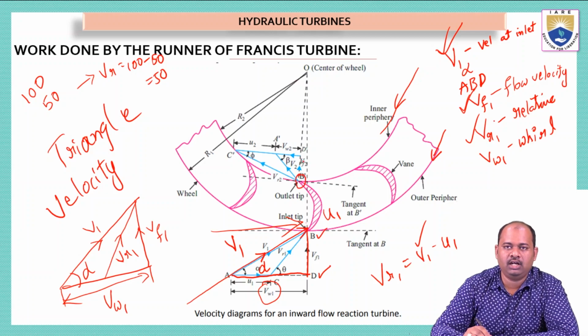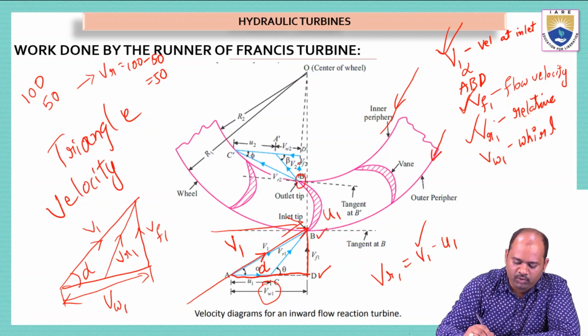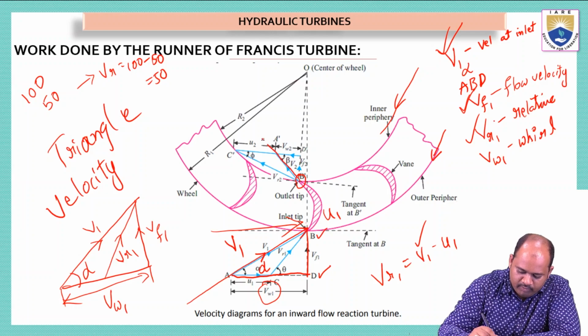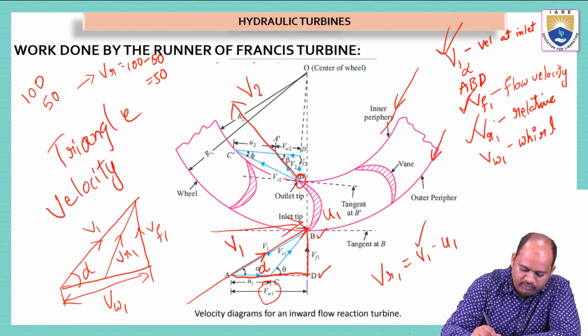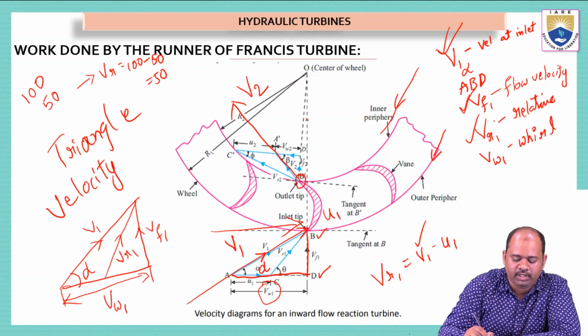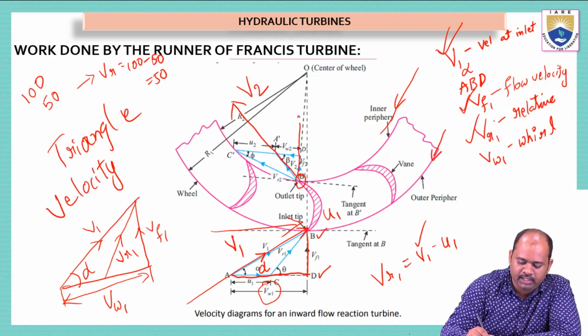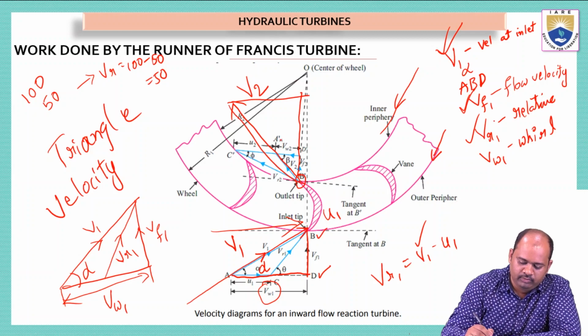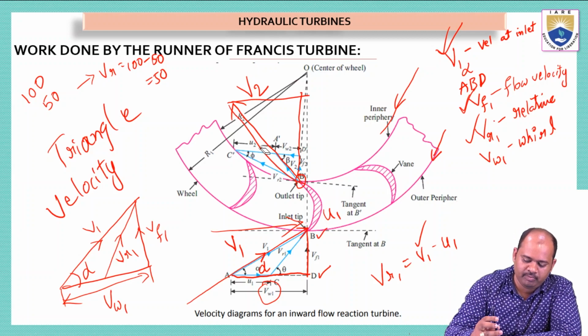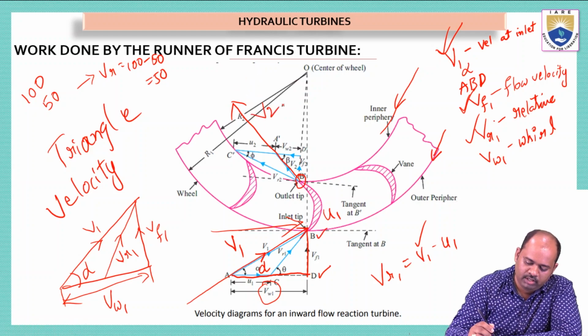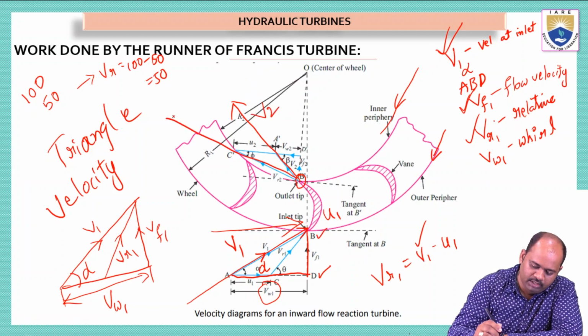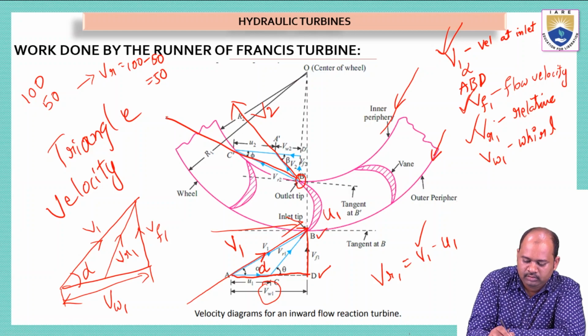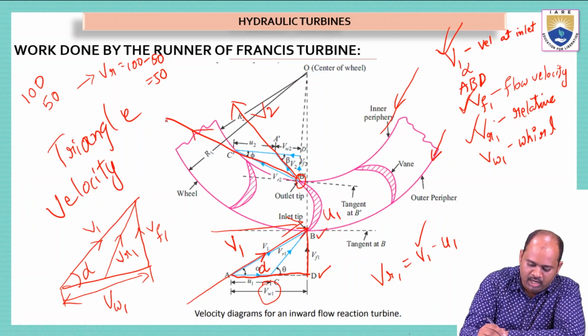Here when we see the outlet part, we have the water that is coming out at a velocity v2. If we form a triangle here, we have separate components. The main component is v2, and apart from that we have another component, vr2.